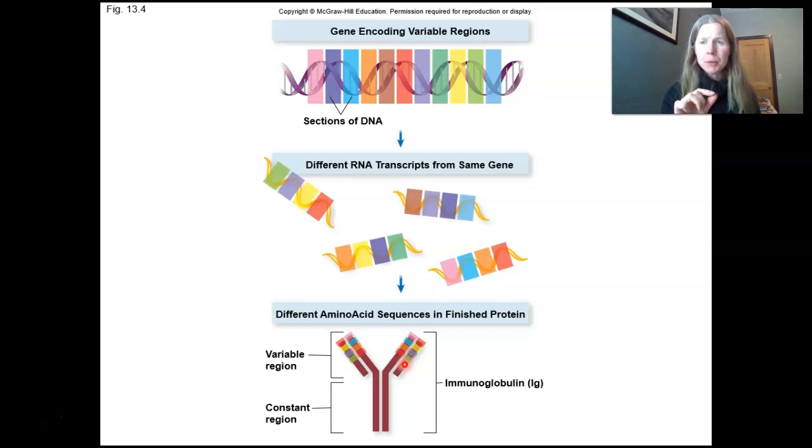And so what happens is when you're building lymphocytes, you randomly select, that's what they're trying to show you here, different combinations, right, of the DNA so that you get slightly different amino acids, and therefore slightly different proteins, slightly different antigen receptors on the surface.